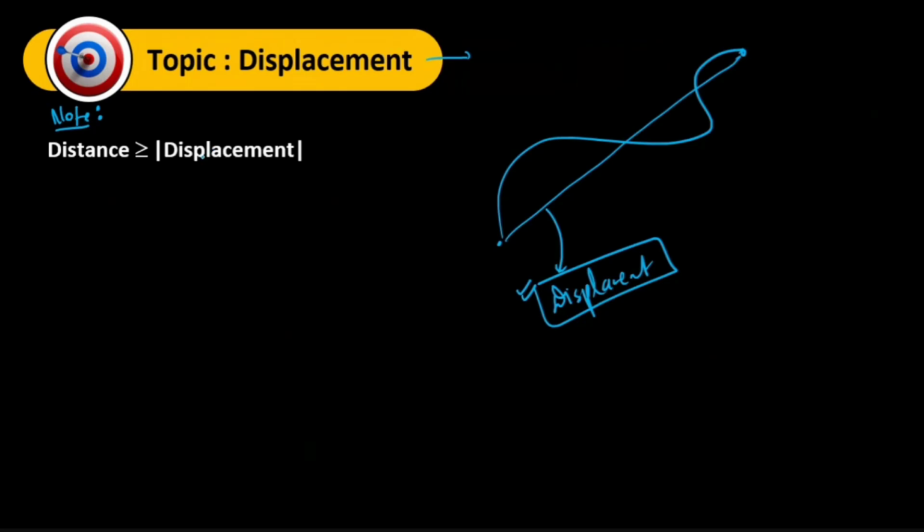If we compare distance and displacement, we'll always get that distance is greater than or equal to displacement. How is it so? Because if the particle is traveling in a straight line, only then the distance and displacement are going to be the same. Apart from this particular direction of motion, they will never be the same. Distance will always be greater than displacement. That is one such condition.